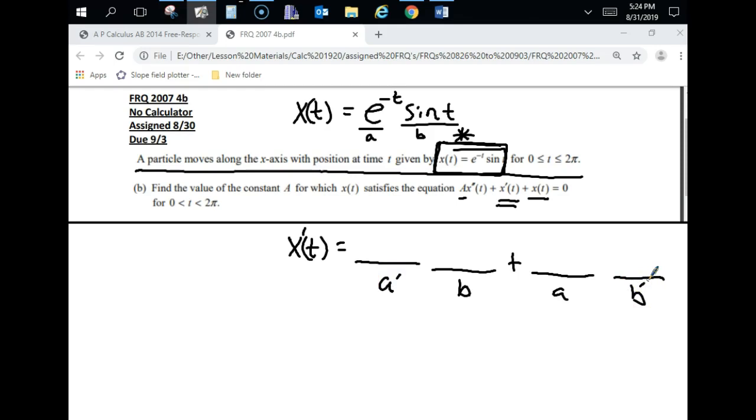So a prime. I want to find the derivative of e to the negative t. Notice this is a chain rule here. Here's my inside function, and the outside is the e function, so it's the e power. When you find the derivative of e to a power, it's just the same as it always is, right? But we need to multiply that by the derivative of the inside.